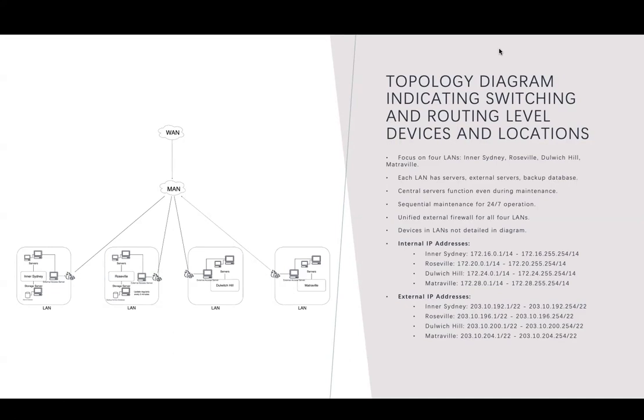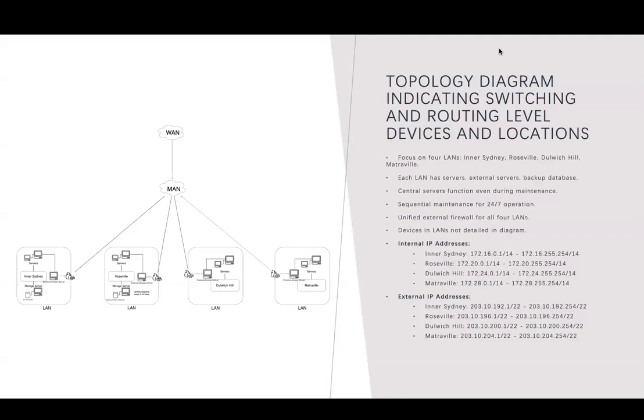And the devices in each local area network were not listed one by one because, as we discussed, they may add more devices into different local area networks. It's going to be very complex if we list them all. So we just list the crucial parts. The IP addresses have been elaborated before.